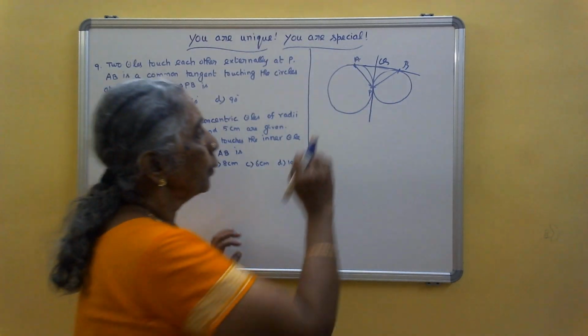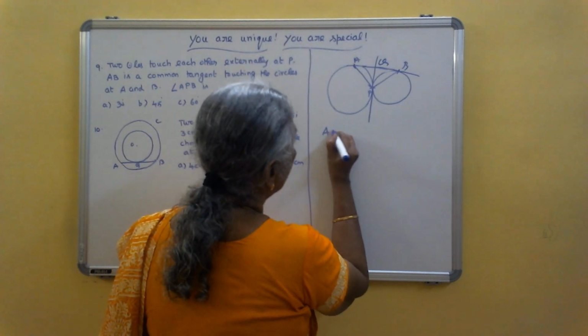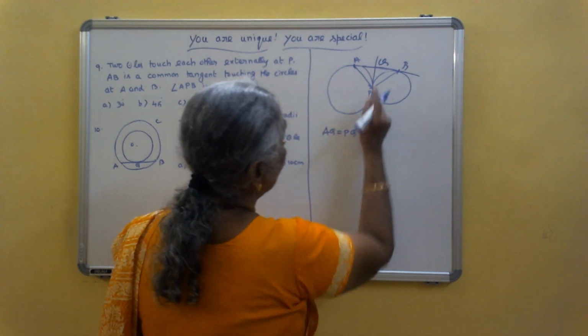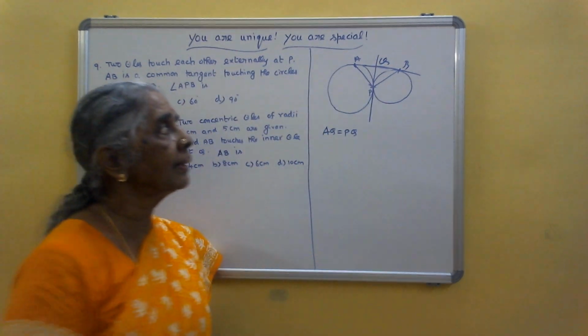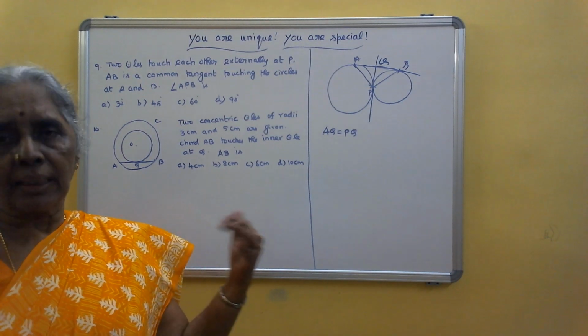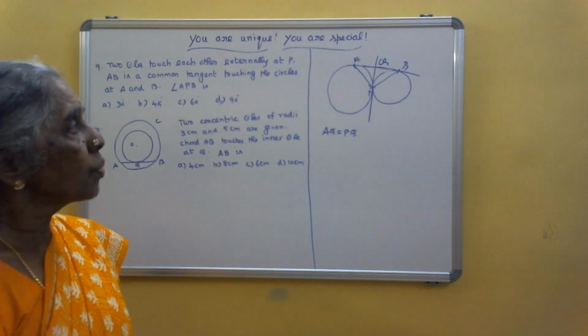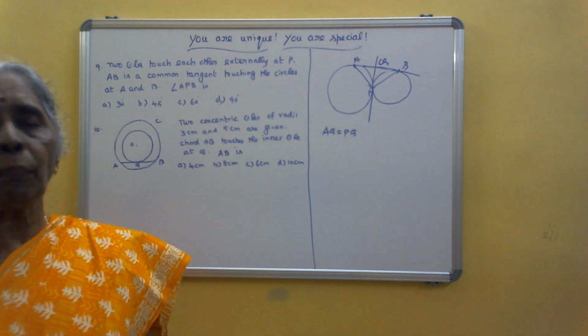Now, you know AQ is equal to PQ because they are external tangents drawn from the external point Q. So AQ will be equal to PQ.